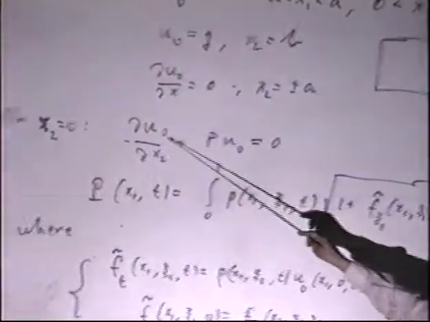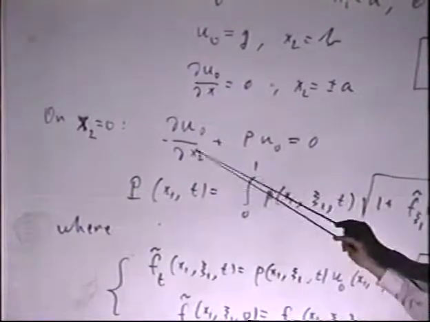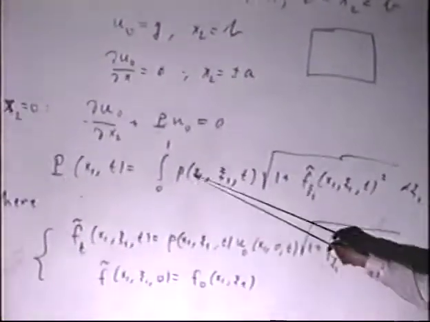The normal derivative of u0 with respect to the flat part, so we average this curve to be the flat part, and we average the little p to be capital P, where capital P is the average of little p, which was oscillating, and we average it by the distance of the averaged free boundary.